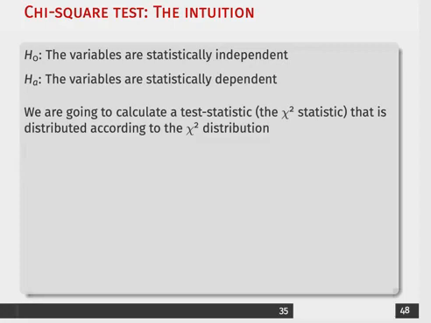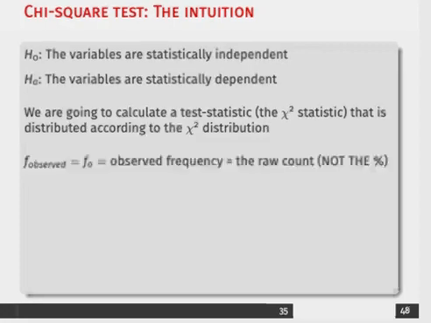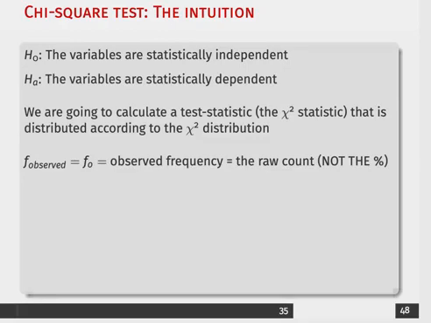We're going to calculate a test statistic that is chi-squared distributed, and there are a little bit of weird nuances that we're going to talk about, but you're going to have a chi-square statistic that references the chi-square distribution. And essentially what we're going to do is have two different counts within each cell.